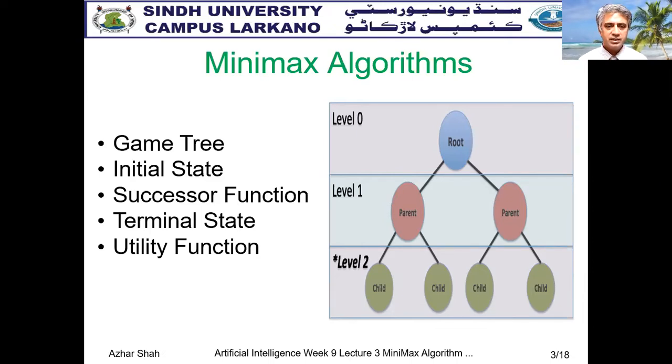So every current state representation is done with the help of the successor function, and it provides feed to the next score, next move, next strategy, and then this goes on. So it's a recursively working mechanism, with the successor function providing the new value.